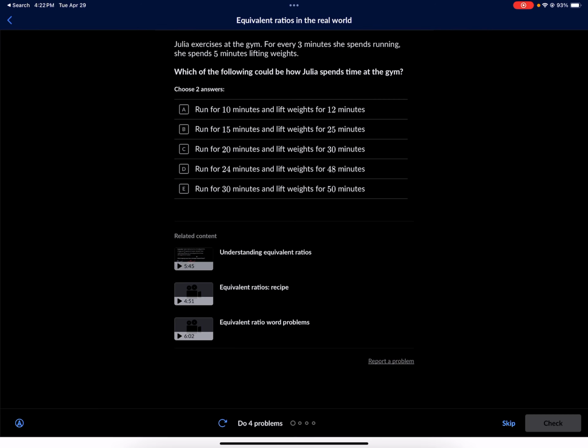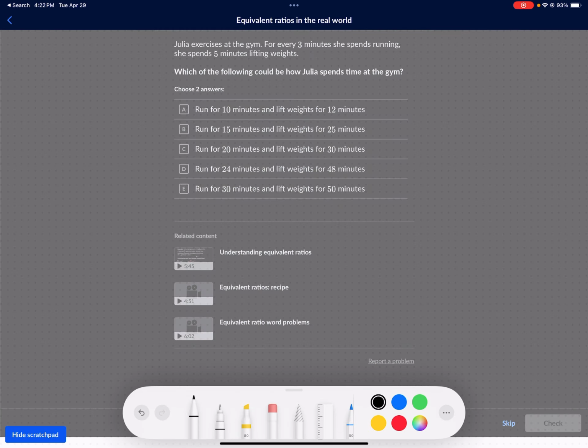Okay. Evaluate ratios in the real world. Here we go. I'm about to prove to some of you guys that math is useful. Julia exercises at the gym. For every 3 minutes she spends running, she spends 5 minutes lifting weights. Which of the following could be how Julia spends time at the gym? So let's see here. We have running to lifting, as it says on all 5 choices. So running to lifting, and it looks like it already gives us that.